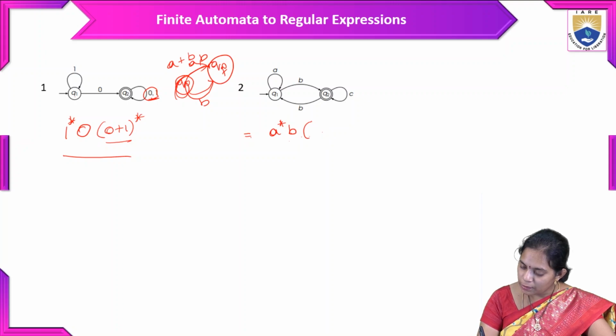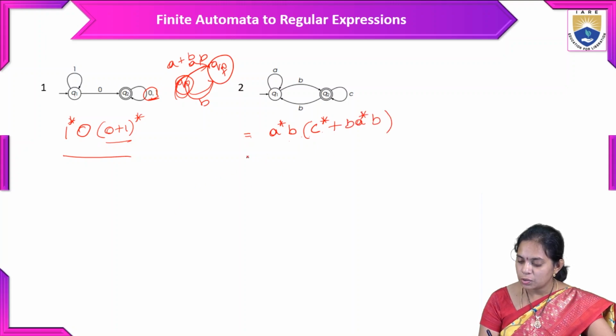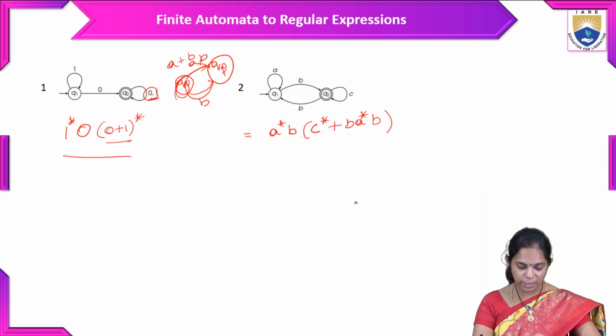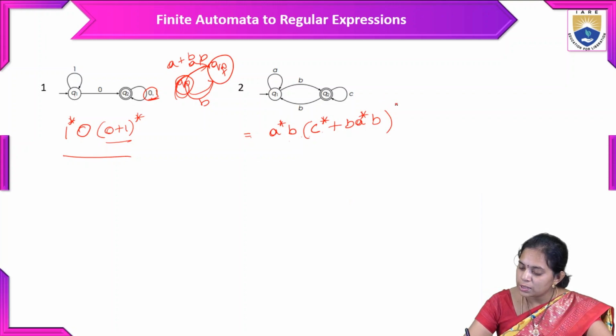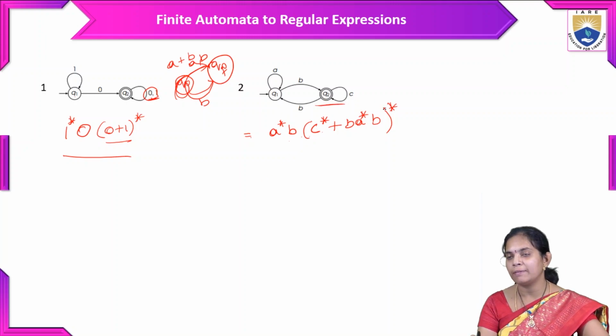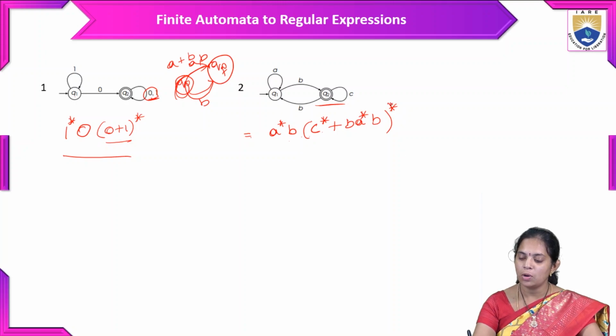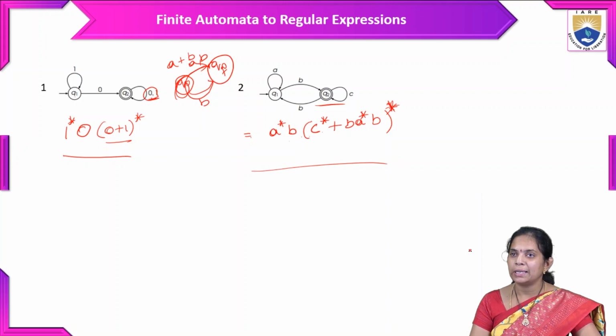So C star with the C star, and plus B A star B, it is reaching the final state. Here we have both for the final state, and also we have the whole star here. Why? Because this is the final state with the self loop, so we can write it as a whole star. So this is about finite automata to a regular expression.